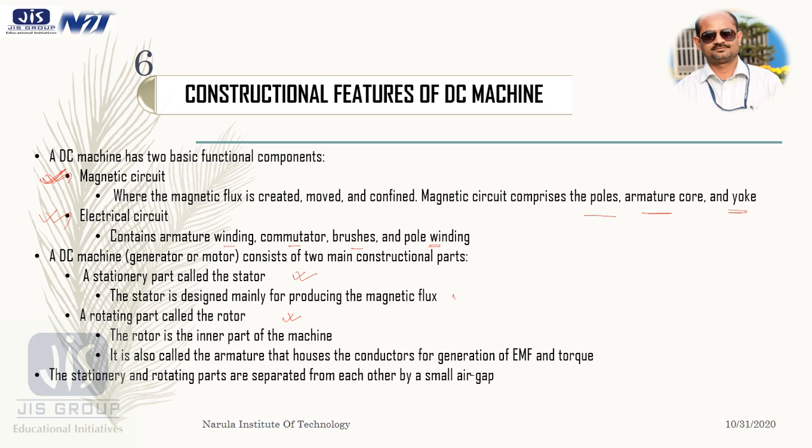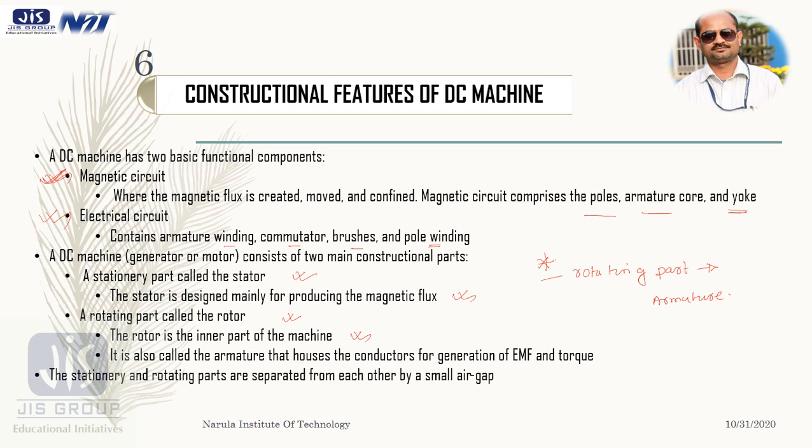The stator is producing the magnetic flux and the rotor is the inner part of the machine. It is also called the armature. So the rotating part is called armature.